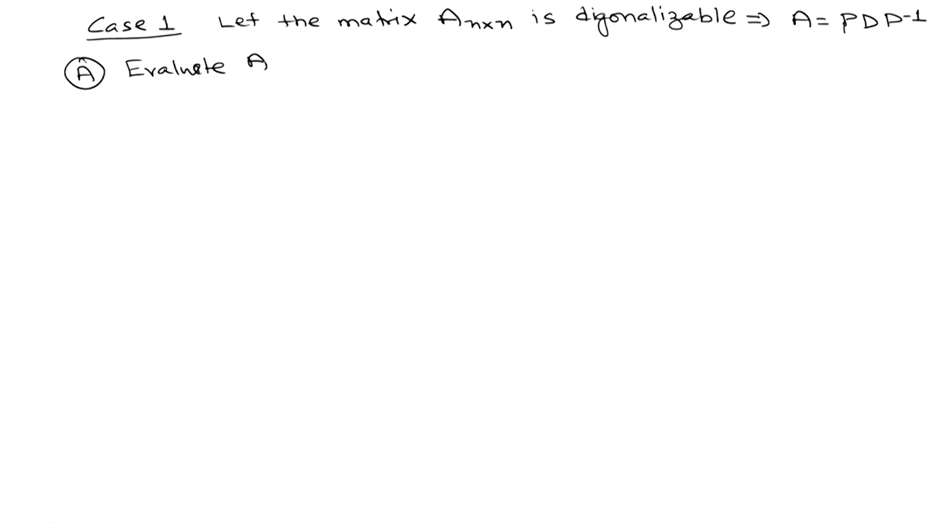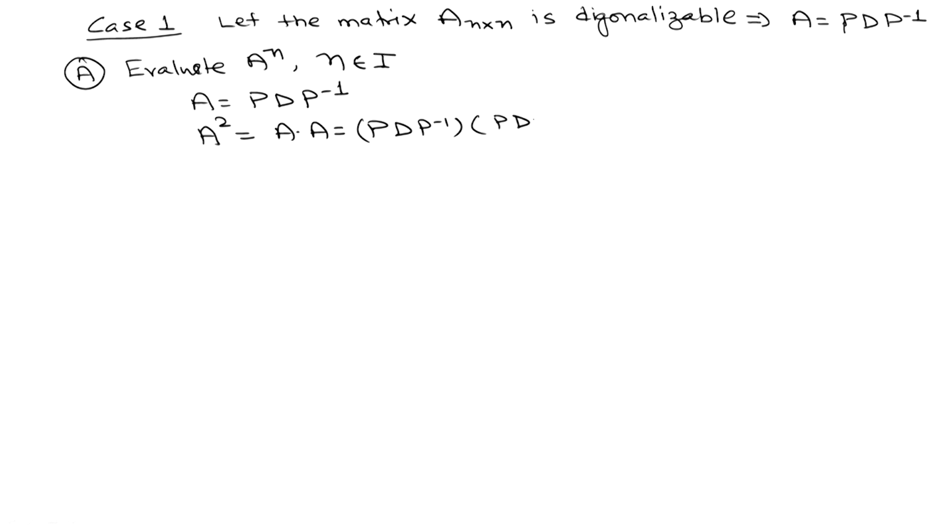Now number 1, evaluate A raised to power n, where n is any integer. As you know, A can be written as P D P inverse. If I want to calculate A square, it will become A into A, that is P D P inverse times P D P inverse.